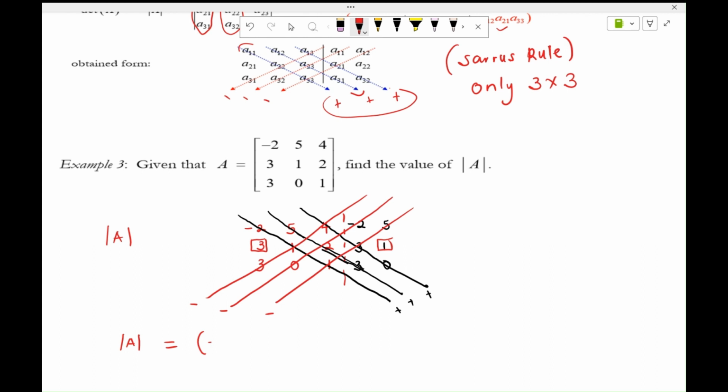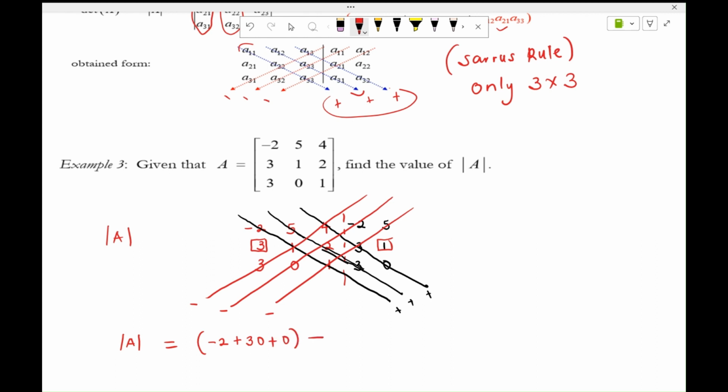So if you multiply that, you should have minus 2. I'll go to the second diagonal, 5 times 2, which is 10, right? 10 times 3, so you have 30, right? Then the third diagonal is 4 times 3, but there is a 0. Because you are multiplying by 0, you have 0 here.